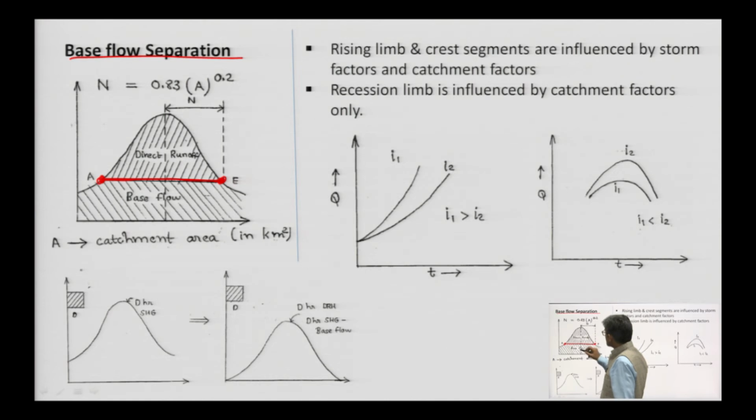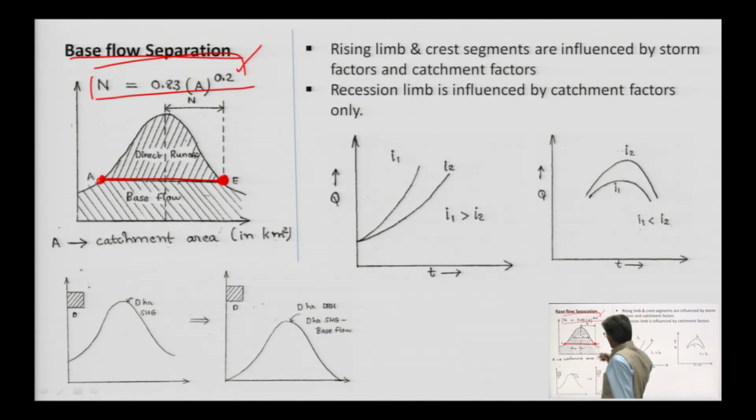is to find the point E by this equation: N is equal to 0.83 times A to the power 0.2, where A is the area of the catchment in kilometer squares.